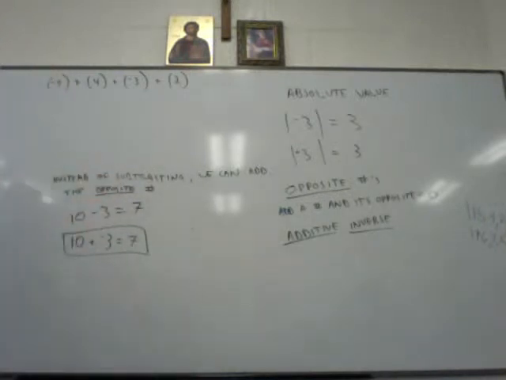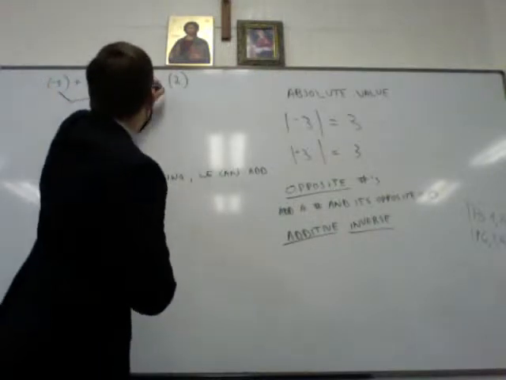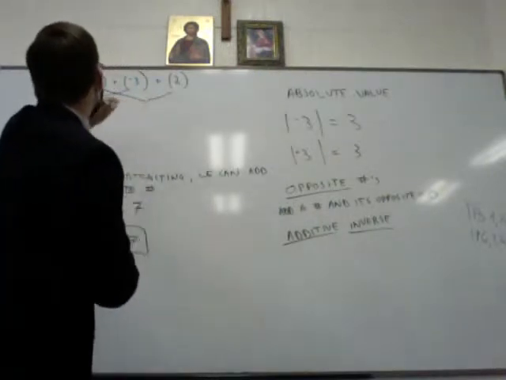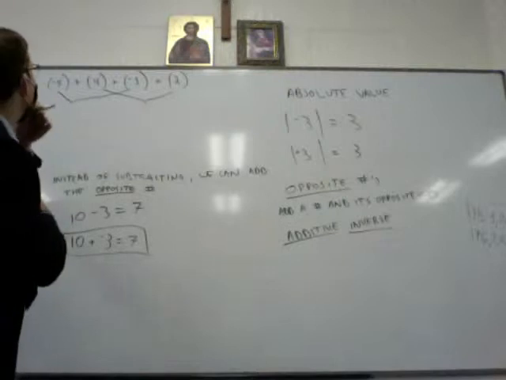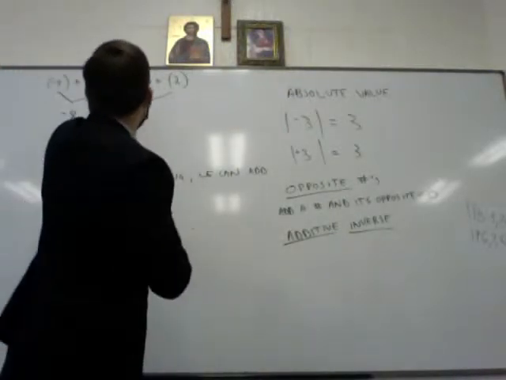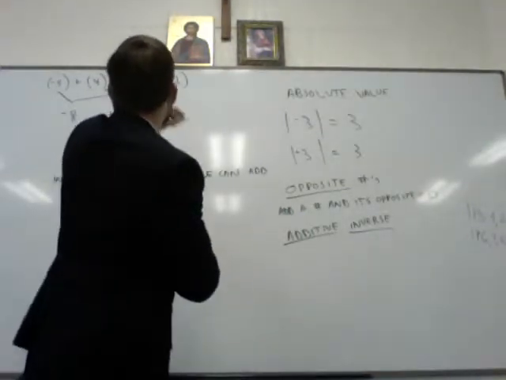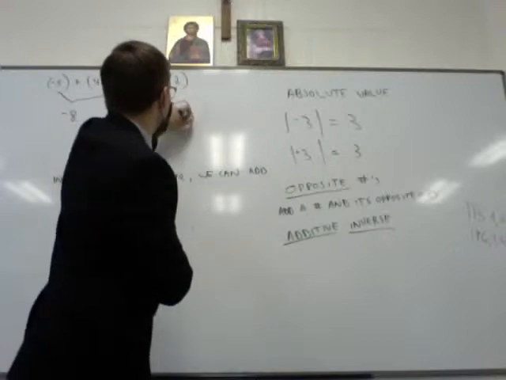We could go left to right, but we could also combine the negatives and combine the positives first. Negative 5 and negative 3 give us negative 8. Plus 4 and 2 is 6. And at the end we get negative 2. There's our answer.